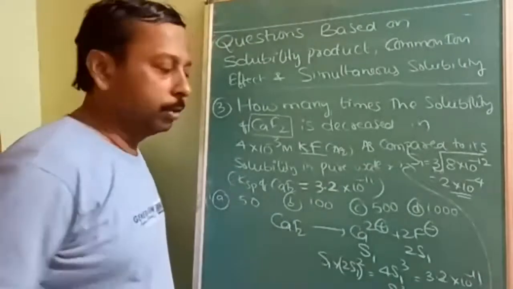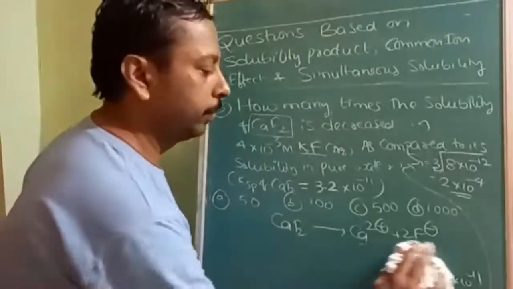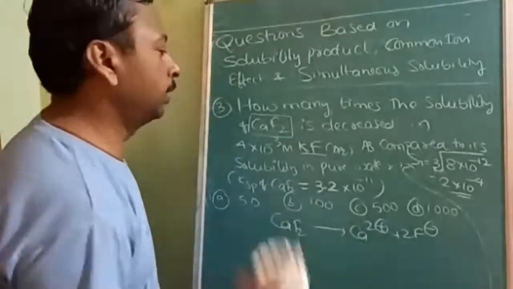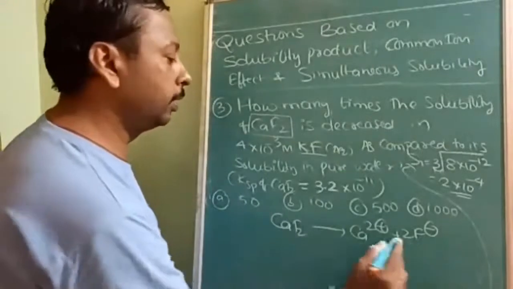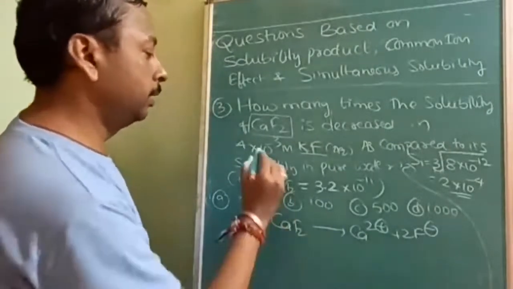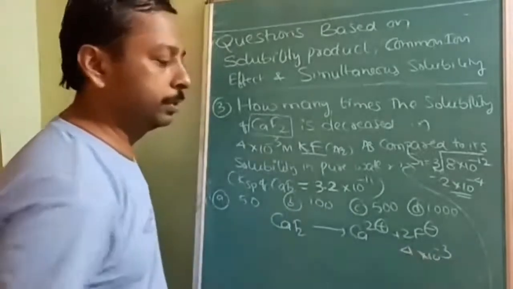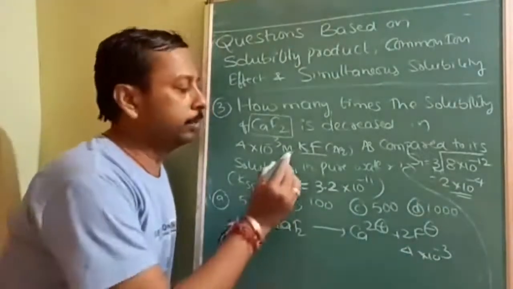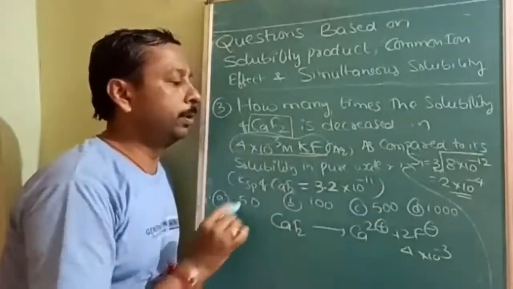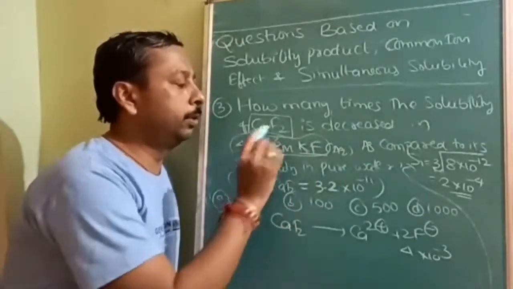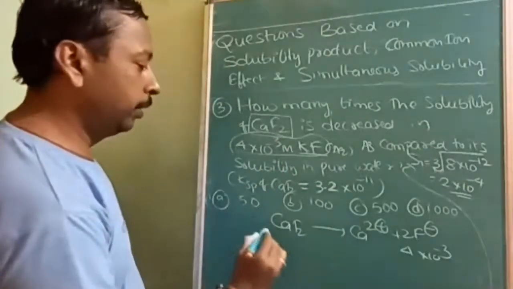Now, if we dissolve the same thing in KF, with concentration 4 into 10 to the power of minus 3, the concentration of fluoride will be mainly from the potassium fluoride because it is completely soluble. So Ksp is going to be the same.